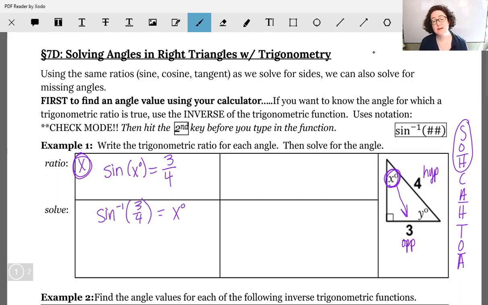The only time I can flip that around is when I'm using that -1 as part of my sine function, the thing that I'm plugging my stuff into. This signifies that we're thinking about the problem backwards. We're trying to eventually make the calculator say, hey, you would have had to use this angle to make this equation work. So let's pop over to our calculators and see how to type this in.